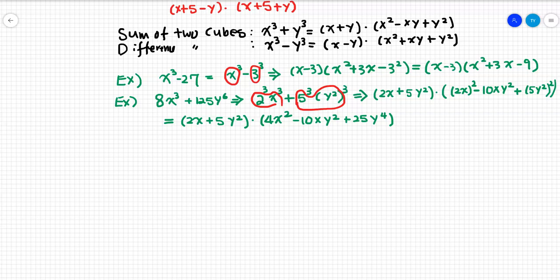So if you want to use these formulas, you're just going to have to rewrite it so it looks like one of these forms, either the sum of cubes or the difference of cubes. Now, as I mentioned, if you have any type of polynomial, the first thing you want to do when factoring is see if there's any common factor.